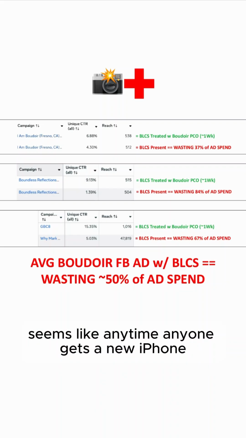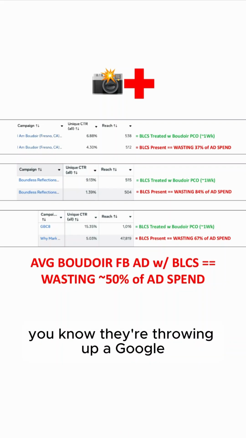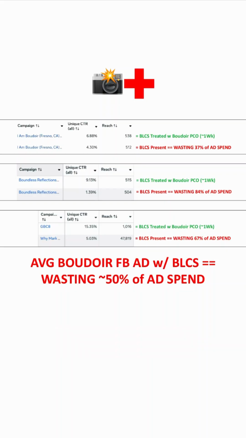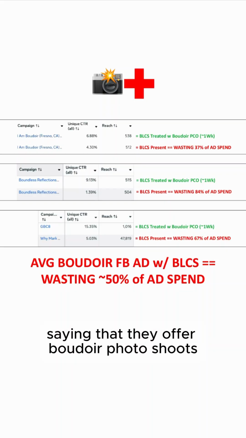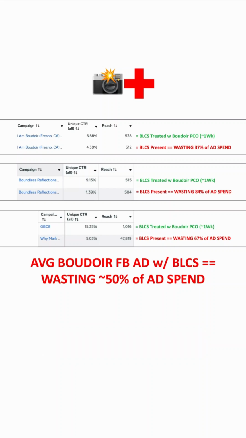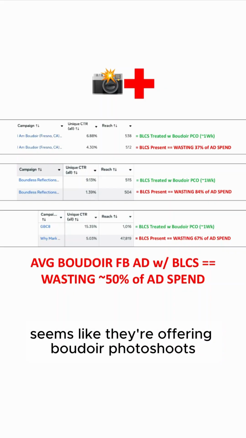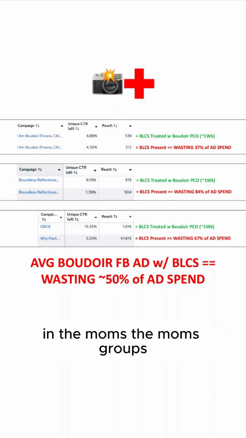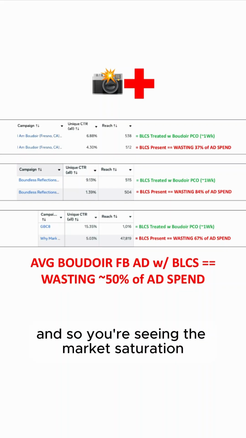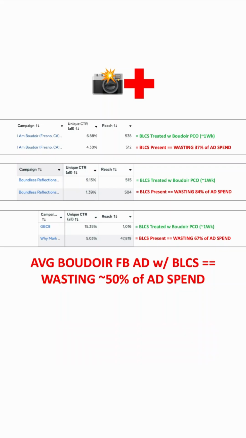Seems like anytime anyone gets a new iPhone, they're throwing up a Google My Business profile saying that they offer boudoir photo shoots. Anytime someone gets a new camera, it seems like they're offering boudoir photo shoots in the moms groups. And so you're seeing market saturation, competition heat up, more sellers for the same number of buyers.